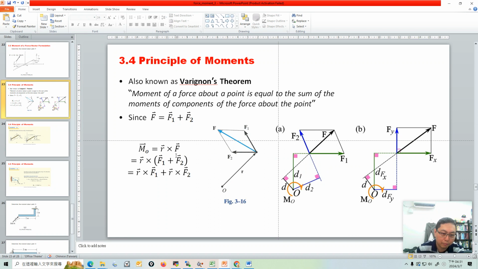Very simple concept. We can decompose the force and do the moment calculation, because sometimes it makes life easier.